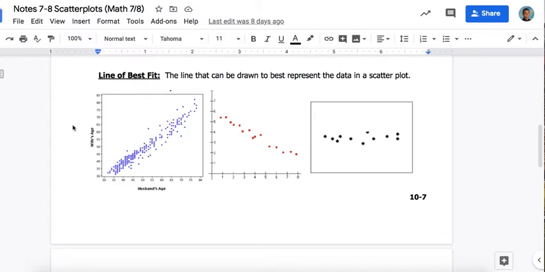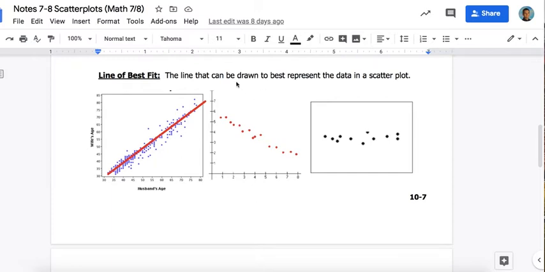We looked at this before, and this is a positive relationship. The line of best fit would run towards where most of the data lies. Typically when you draw your line of best fit, there's the same number of points on each side. So it kind of goes through the center of the data here.